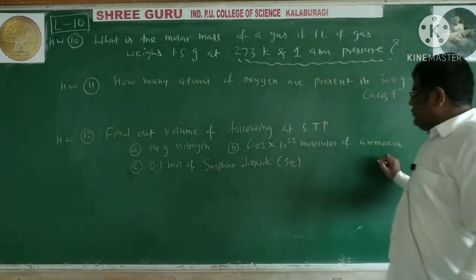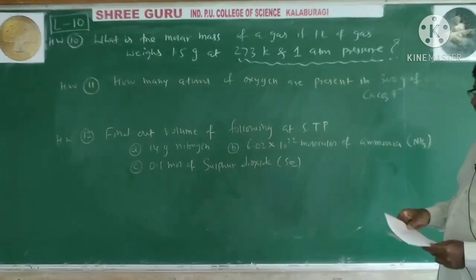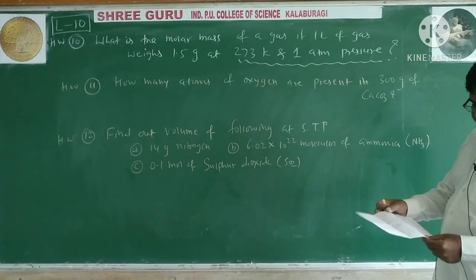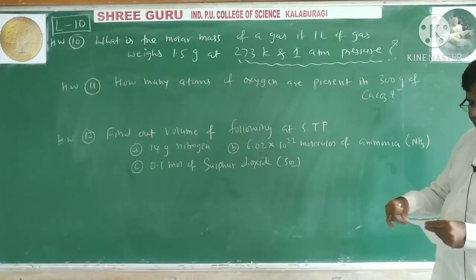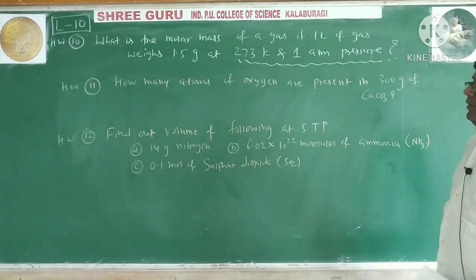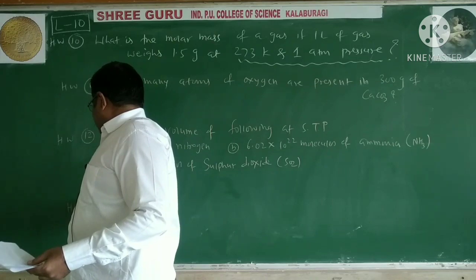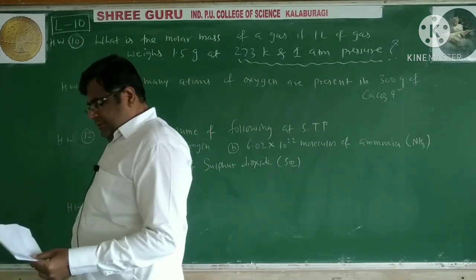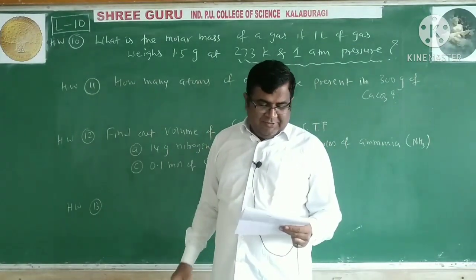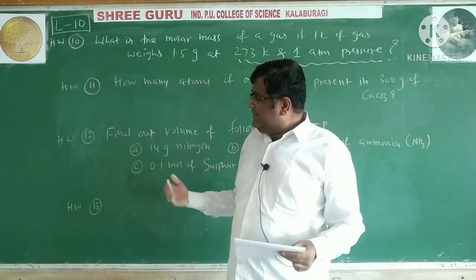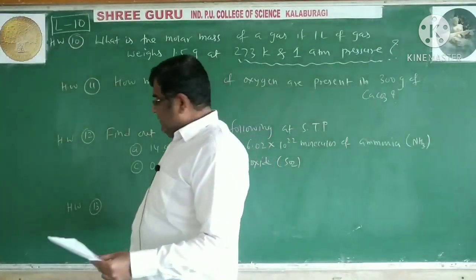Sulfur dioxide is SO2. Ammonia is NH3. I want to give one more question as homework because it is better if you solve questions yourself, isn't it? I will give you the answers in the next class, but you try to solve these 4 questions.